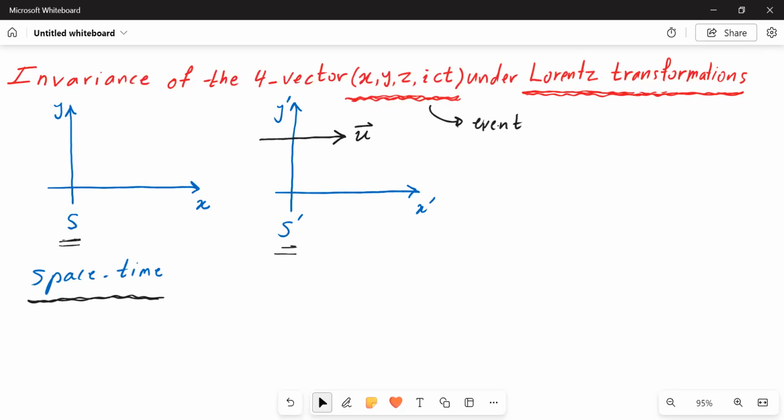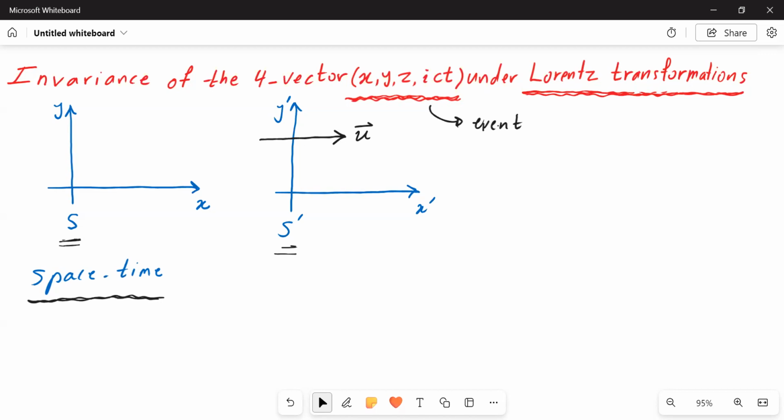Likewise, if someone is doing the measurements in system S prime, at rest in system S prime, he or she would see that events in system S are drifting backwards away with the speed of minus u. So that is something that we have to consider first.